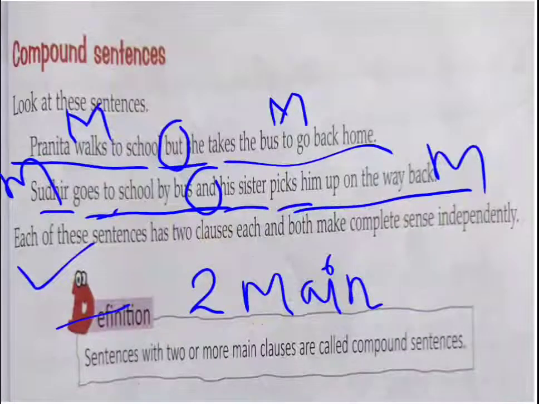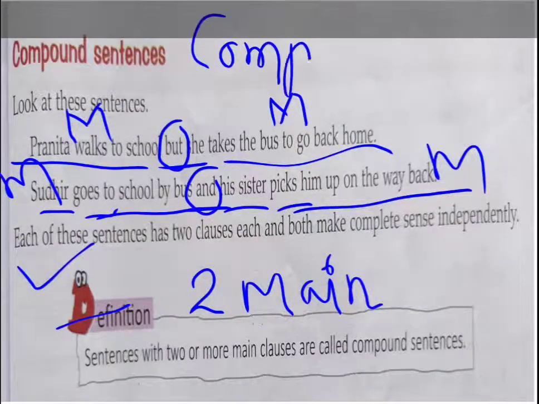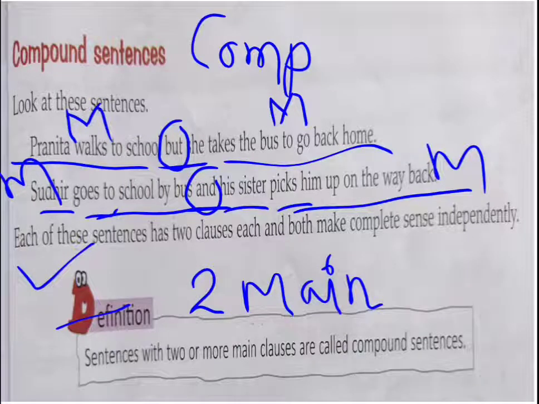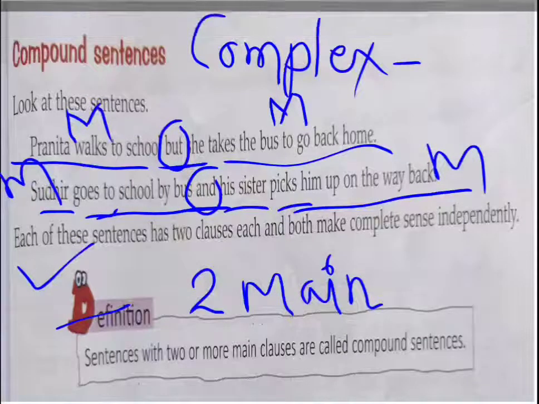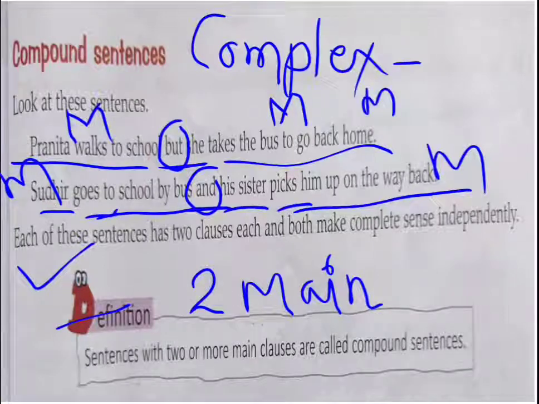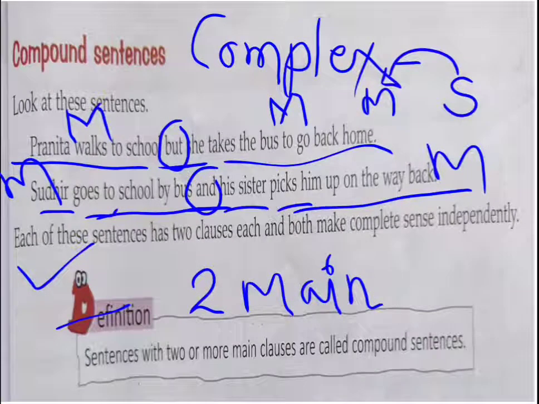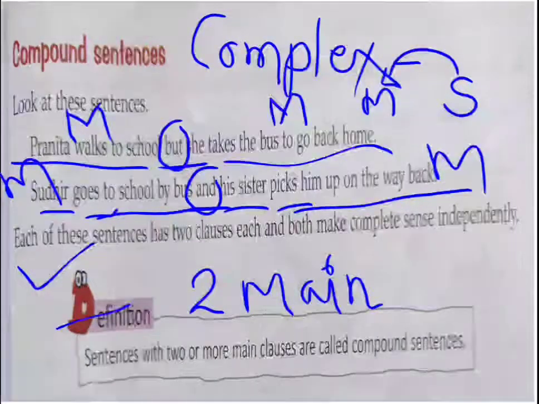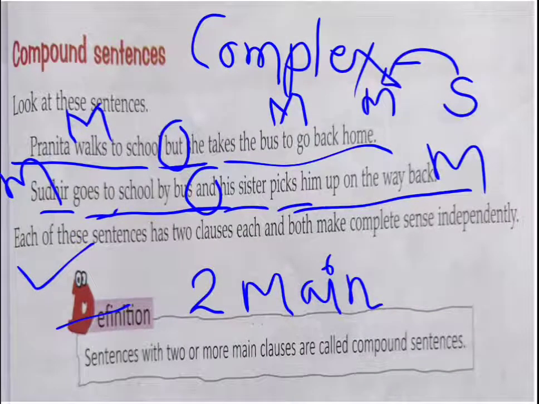So students, I hope it's clear to you. Don't be confused between complex and compound sentences. In a complex sentence, there is one main clause and one subordinate clause. These clauses depend on the main clause, and that's why the conjunctions used are because, though, when, who, etc. But here both are independent.